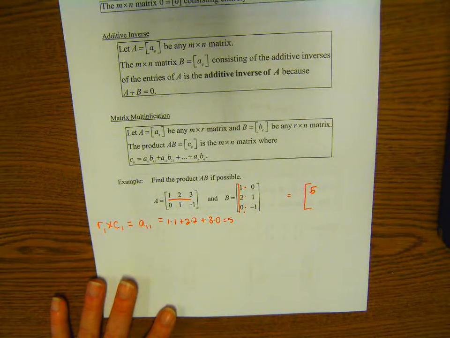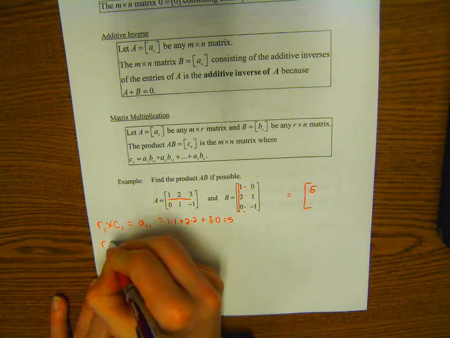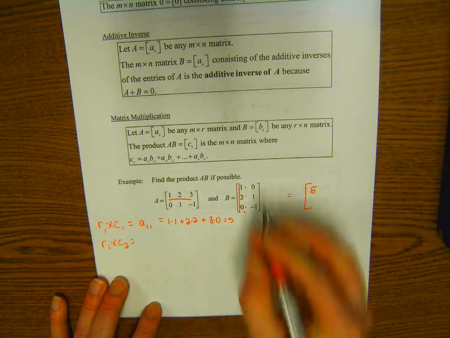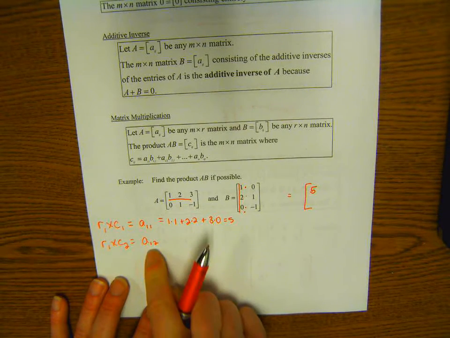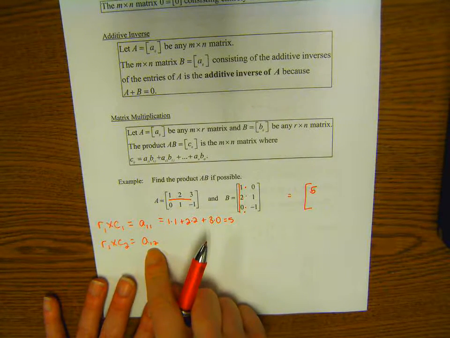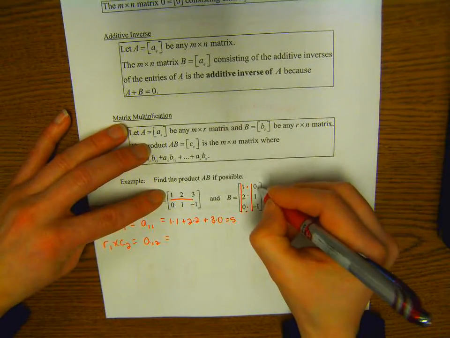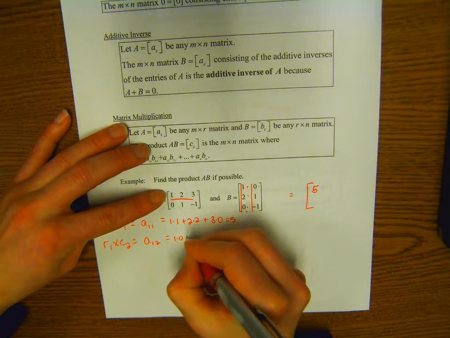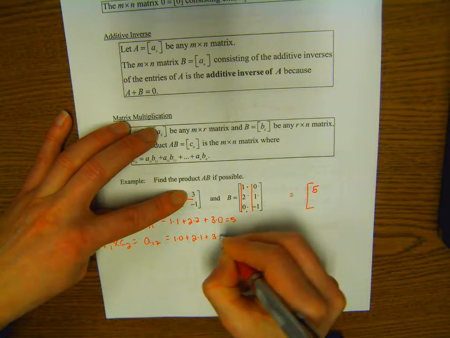All right, while we're on row 1, let's do row 1 times column 2. And that's going to go in the 1, 2 spot. So I'm doing 1 times 0 plus 2 times 1 plus 3 times negative 1.